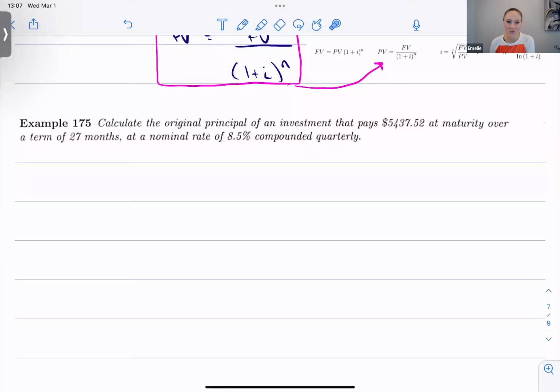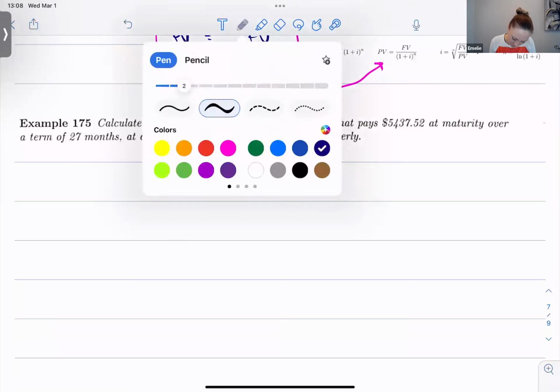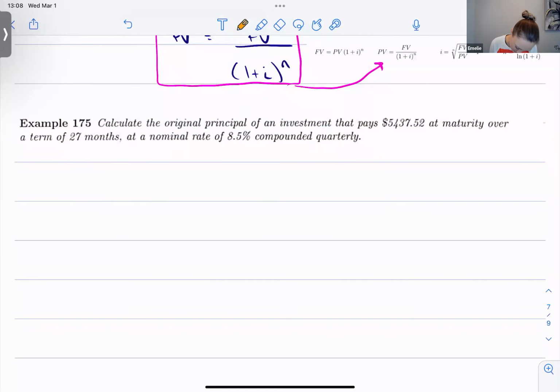Even if you just read this yesterday, you probably would have felt like, whoa, what's going on here? Right? But so we've come a long way. We want to find, calculate the original principal. So the PV is what?